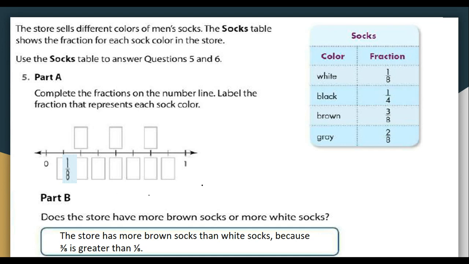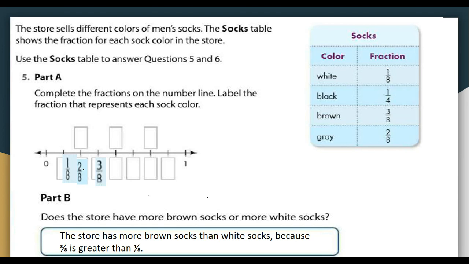Okay, I'm going to skip this one for a minute because I want to come back to that one, but let's look at the brown, because again, we're dealing with eighths. So I'm going to go ahead and put the fractions already with eighths on this number line. So we have the brown sock, which is 3/8, and the gray sock, which is 2/8. So we're going to put those on. Okay. Now let's finish these up.